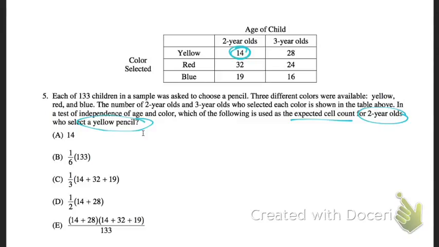So row total would be 14 plus 28, 42. Column total, the whole thing is 133. The column total would be, let's see, do a little mental math here, 65. And so then row total is 42, column total is 65, grand total is 133.